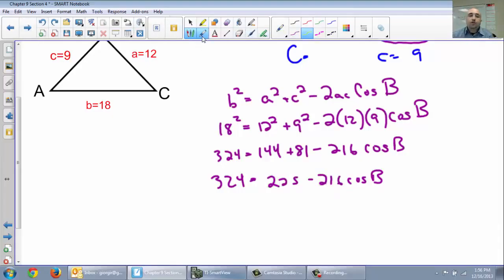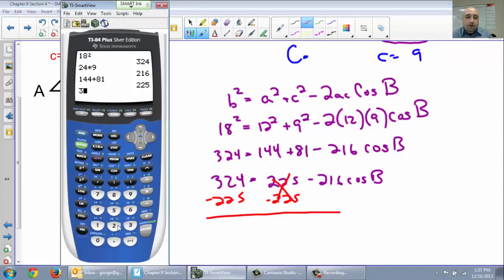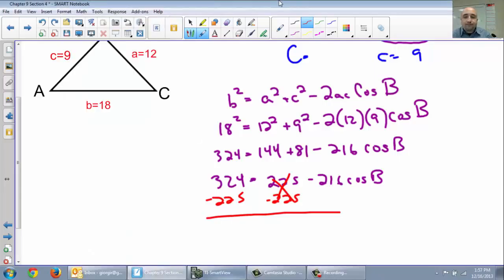Okay, so follow along. This is what you do when it's a side side side. You're first going to subtract 225 from both sides. So 324 take away 225 equals 99. So I get 99 here. Negative 216 cosine of B. And now notice this is being multiplied.